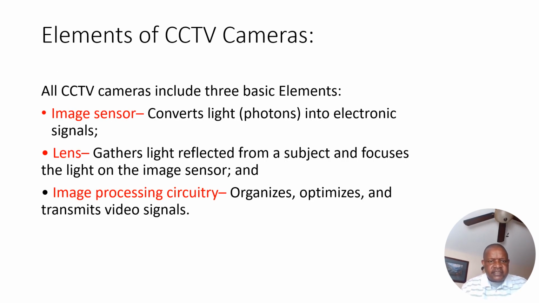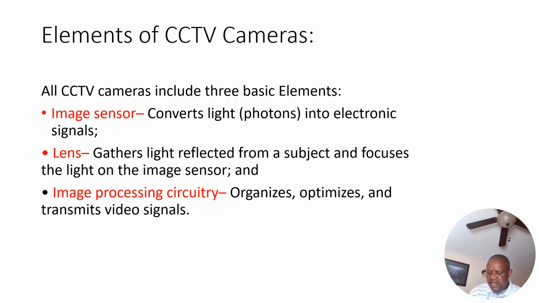Elements of CCTV cameras. All CCTV cameras include three basic elements. Please note this down. The first is the image sensor, which converts light into electronic signals. So if you are asked what the elements of CCTV cameras are, you say image sensor, and the job of an image sensor is to convert light into electronic signals.